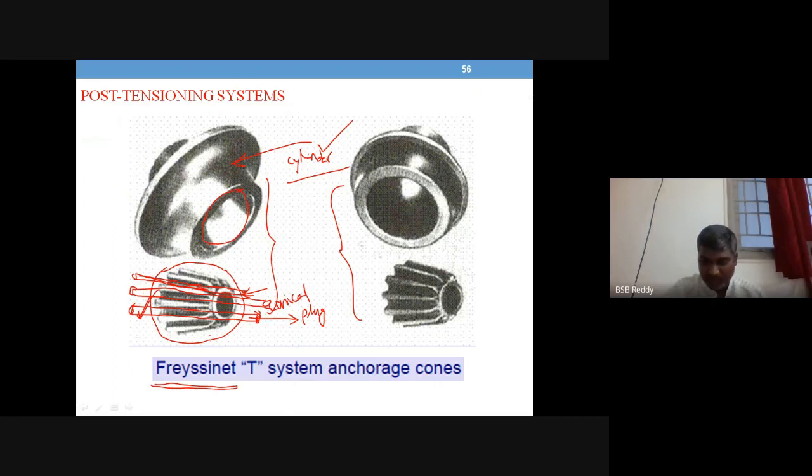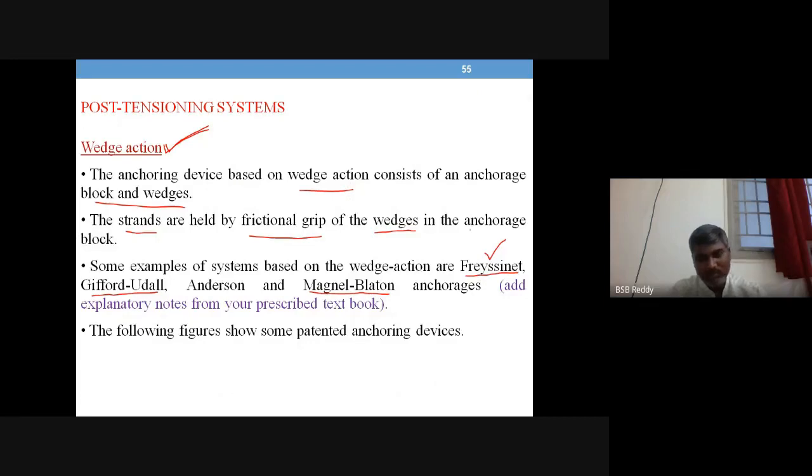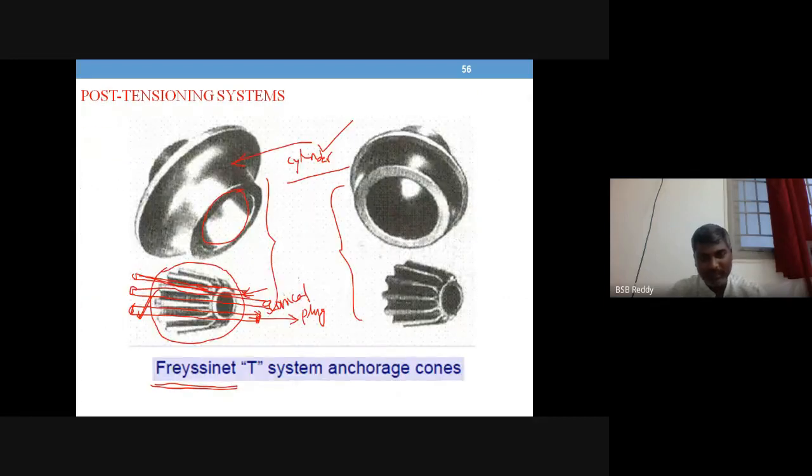So the advantage is, as I said, a large number of wires can be tensioned simultaneously using this double acting jack. So prepare the notes and have a diagram from the prescribed textbook.